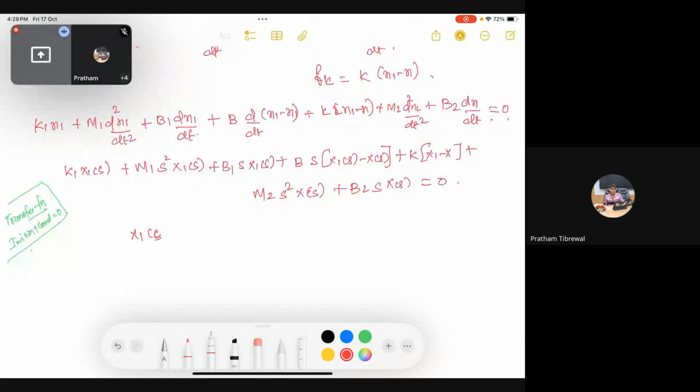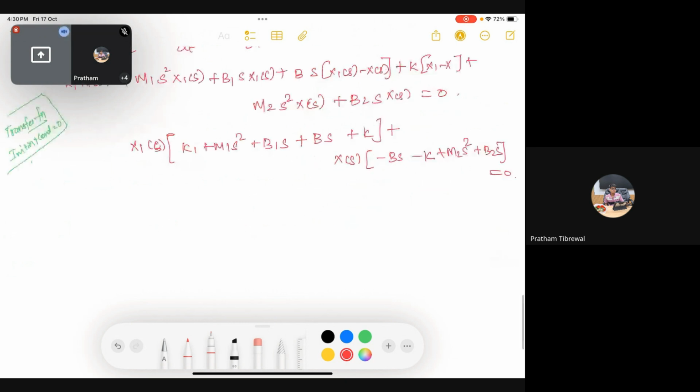If I take X1 of s common: K1 plus M1 s squared plus B1 s plus B s plus K. Plus X of s, if I take it common: minus B s minus K plus M2 s squared plus B2 s. Since it's a longer system, it takes a little more time to solve. I guess it's correct.